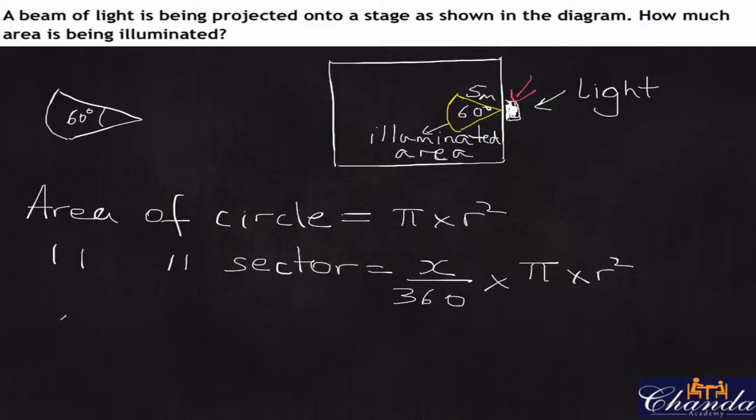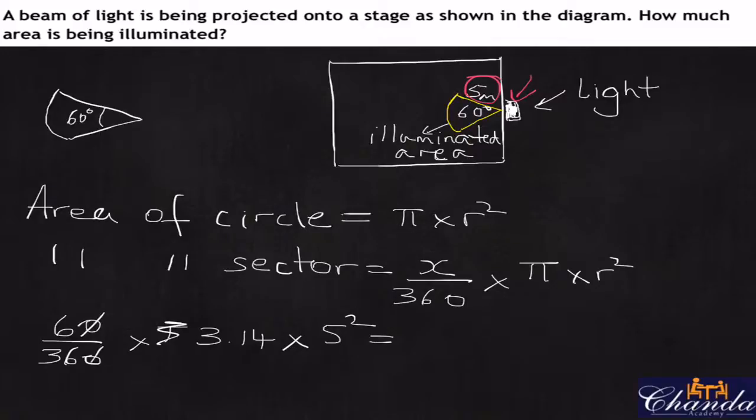So we have 60 over 360 multiplied by pi, or let's call it 3.14. And the radius, as we can see from the diagram, is 5 meters, so that's 5 squared. The zeros get cancelled out here. 6 goes into 6 once, 6 goes into 36 6 times.